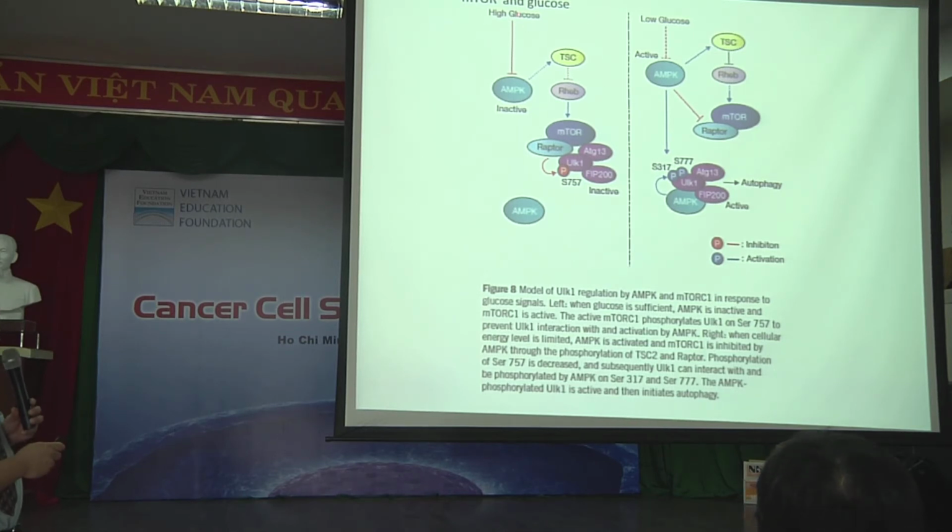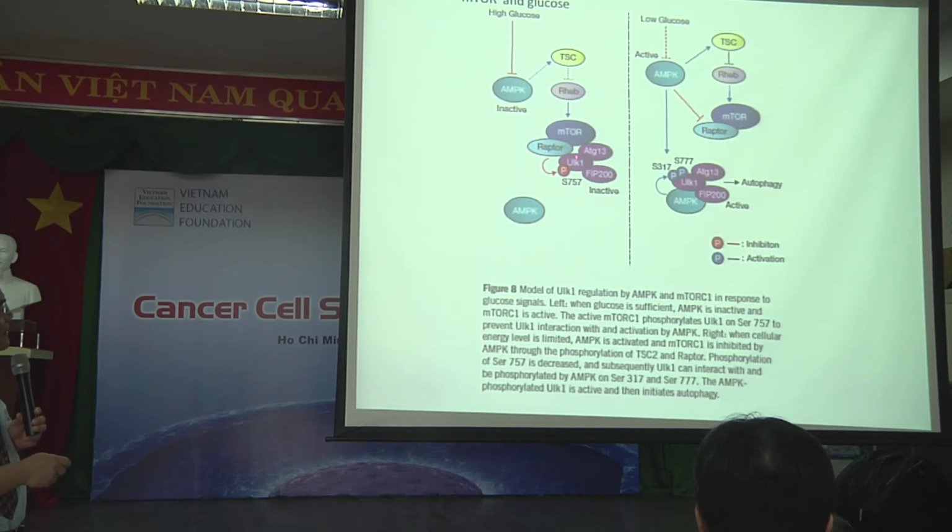We already talked about high glucose. This also inhibits AMPK. As we know, AMPK promotes the TSC1, TSC2 activity, and these inactivate mTORC1 activity. And mTORC1 activity is able to act on the complexes involving autophagy, causing their inactivation.